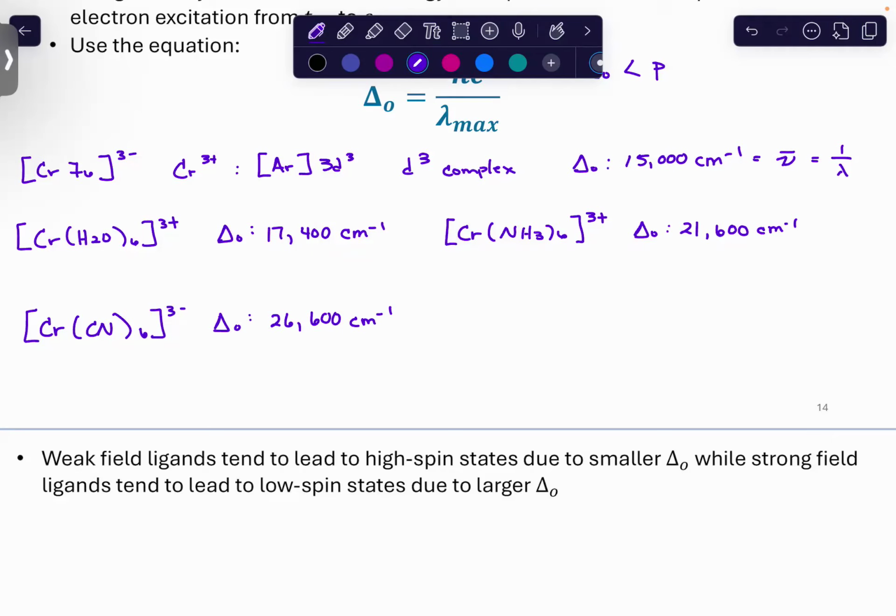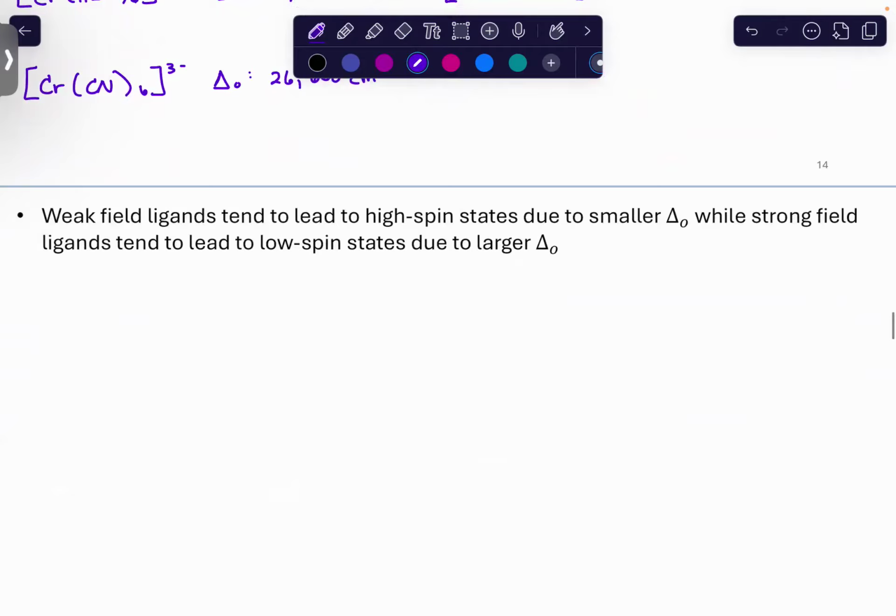So you can see when you have a common metal center with a common oxidation state, the strong to weak field ligands are going to dictate the energy of the system. And as we said, your weak field ligands lead to high spin states due to smaller delta O, while strong field ligands lead to low spin states due to the larger delta O. And again, you're just looking at that gap between the t2g and the eg, asking how much energy it would take to go high spin versus pairing electrons in the low spin.